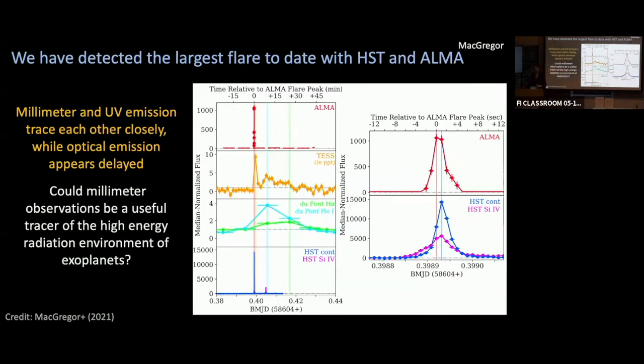So a few interesting takeaways from this. The ALMA and the Hubble observations are very closely coupled. The flare rises and declines in almost the exact same time frame. And each of those points is 1 second. So the entire event is 8 seconds long.